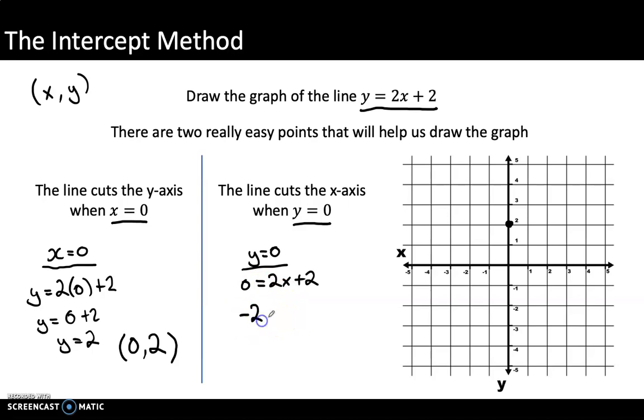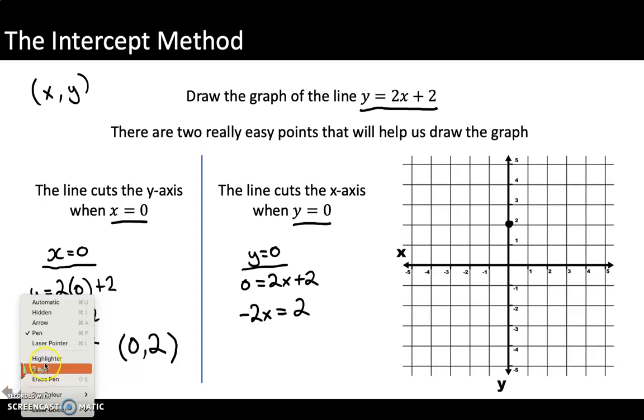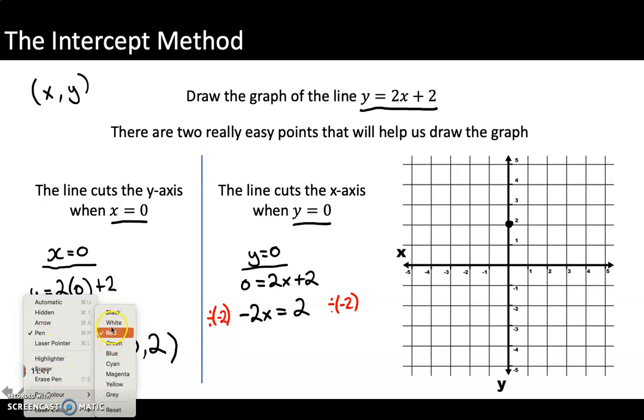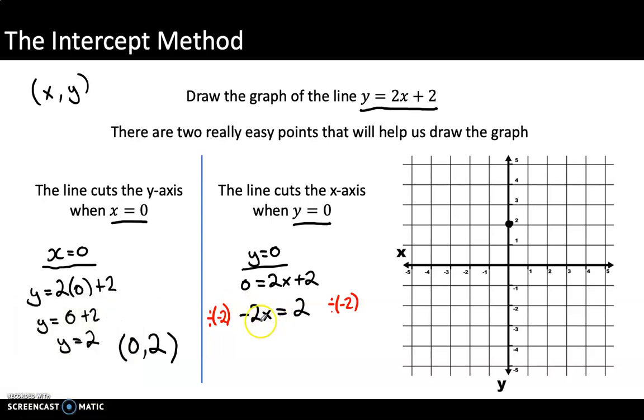It changes and becomes -2x is equal to 2. Now I'm going to divide by the number in front of the letter, which is -2. I divide the right-hand side by -2 too, because -2x divided by -2 is just x, and 2 divided by -2 is -1.